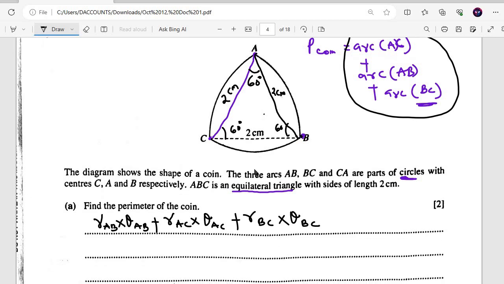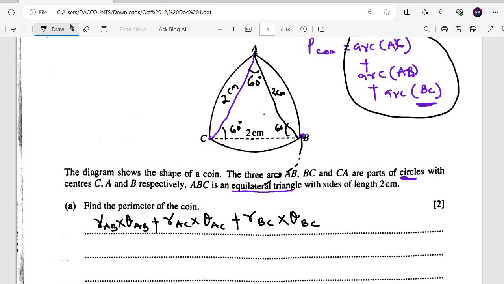So from here, the radius is center to edge. Now, if A is the center, C is the center, let's say it like this. The question said the three arcs ABC with centers A, B, C. A is the center.